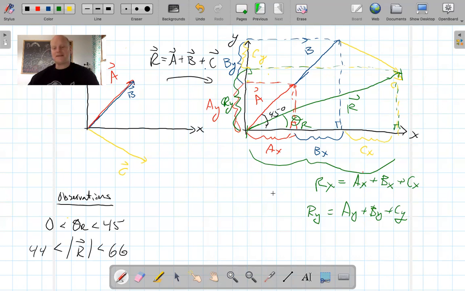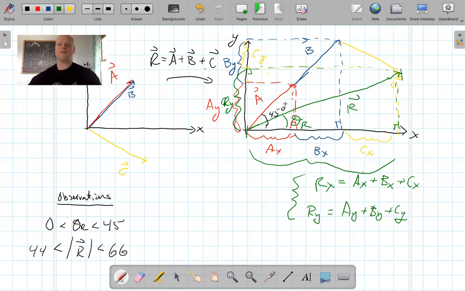So from drawing this picture, what I learned is that the X component of the resultant vector is simply equal to the sum of all the X components of the vectors which are added together to create it, and Ry is equal to the sum of all the Y components.